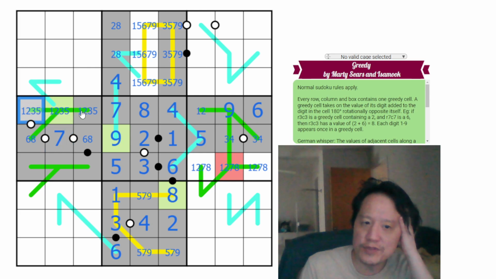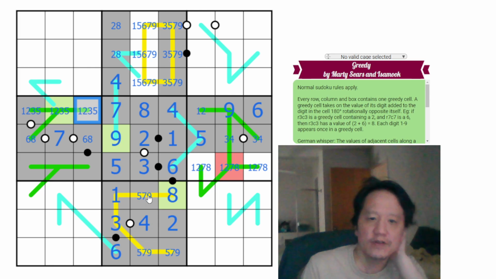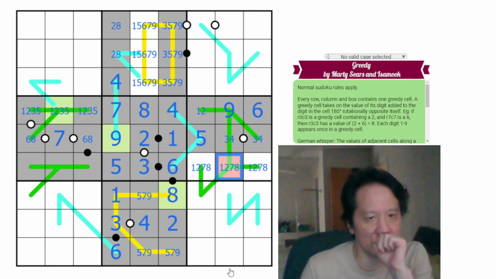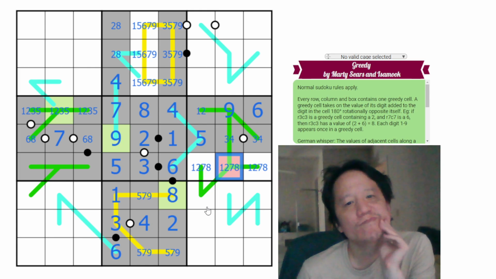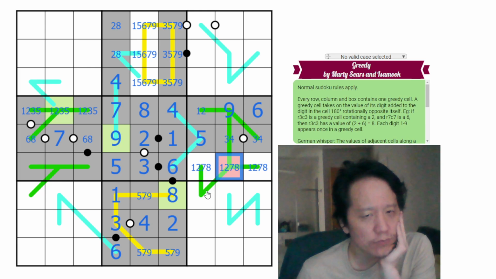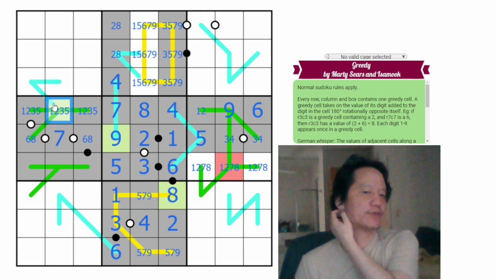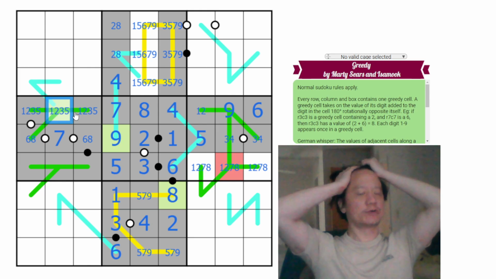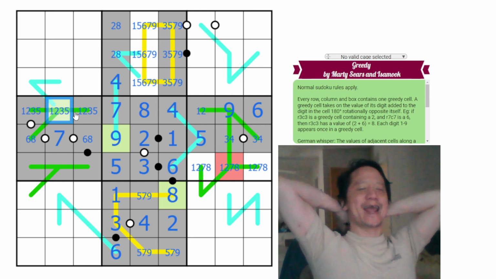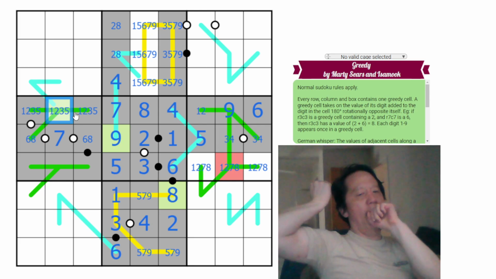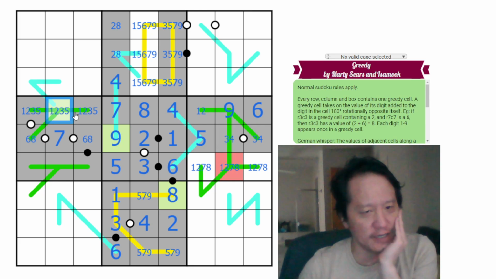So it could be 3 and 5 are there. It could be 3 and 5. So this is a greedy digit. It cannot be 1 or 2, because it's a greedy digit value, right?